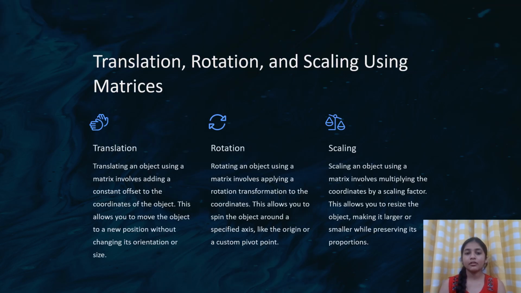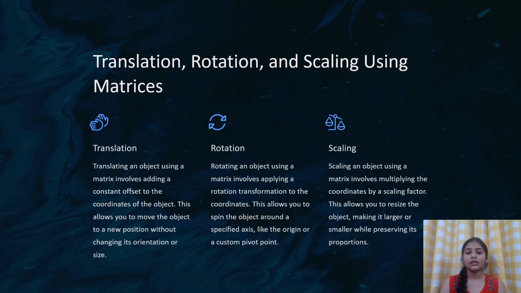Translation, rotation, and scaling using matrices. Translation. Translating an object using a matrix involves adding constant offsets to the coordinates of the object. This allows you to move the object to a new position without changing its orientation or size.